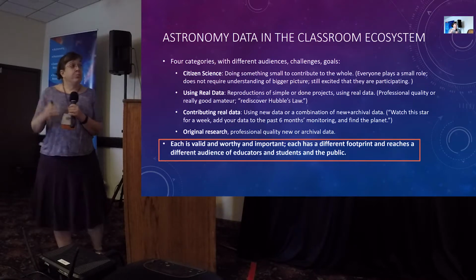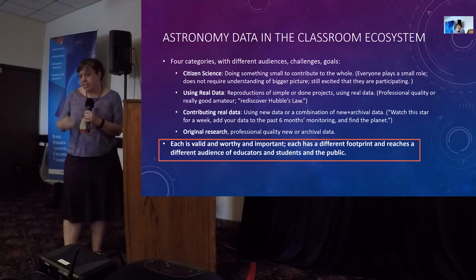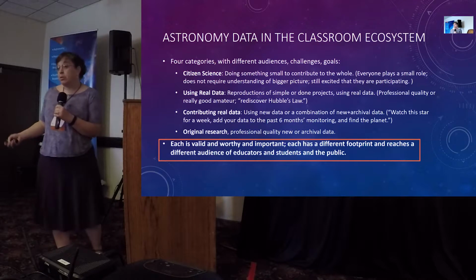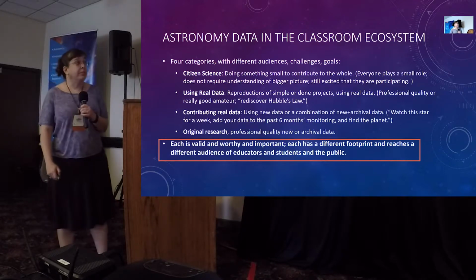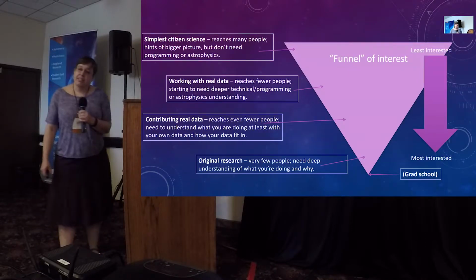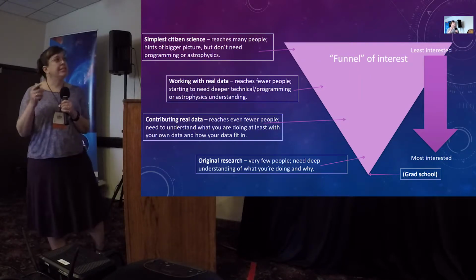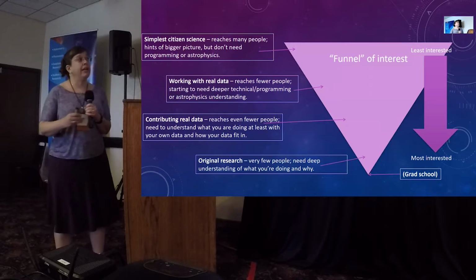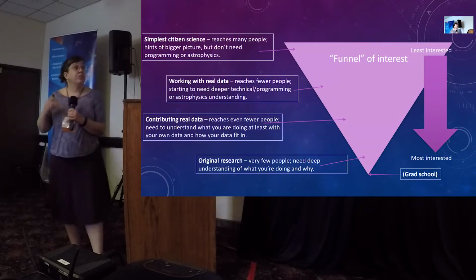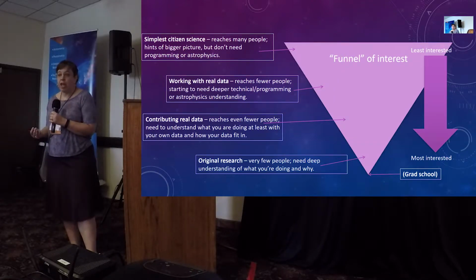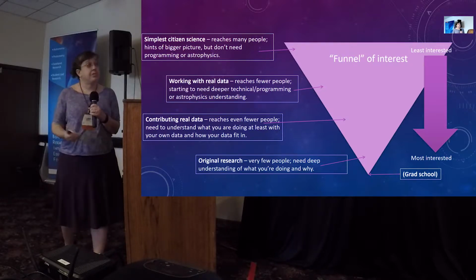Each of these kinds of projects reaches very different kinds of people, very different numbers of people in terms of students and the public. But I can sort of think of that as sort of a funnel, right? Where the broadest part of the funnel is the simplest citizen science, where you can contribute and it reaches many, many people, but you don't need to know a lot of programming or engineering or astrophysics.